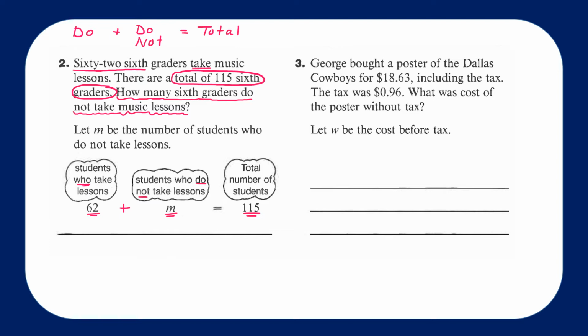It's very simple. To solve, we're going to have to subtract 62 on both sides. Add 62, subtract 62 cancels each other out. And we have M equals 115 take away 62. 5 take away 2 is 3. And 11 take away 6 is 5.